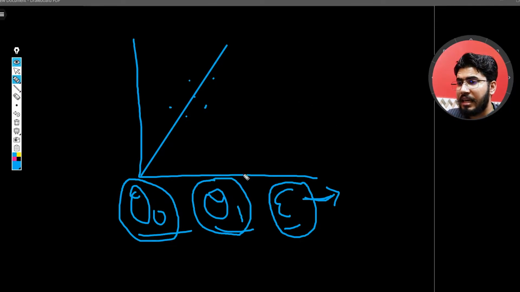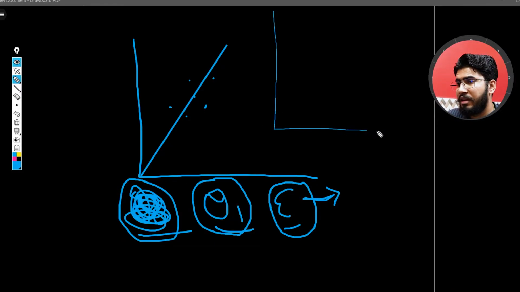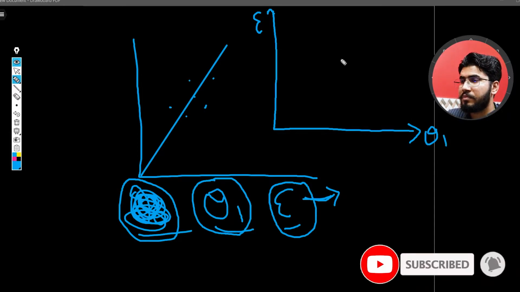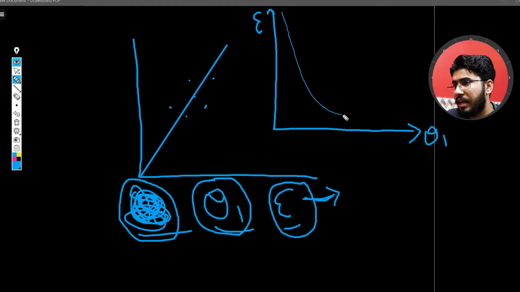Now how can we decide what theta 0, theta 1 and the error are? So let's take only theta 1, ignore theta 0 for right now. If we draw a graph between error and theta 1, then this graph will go something like this.